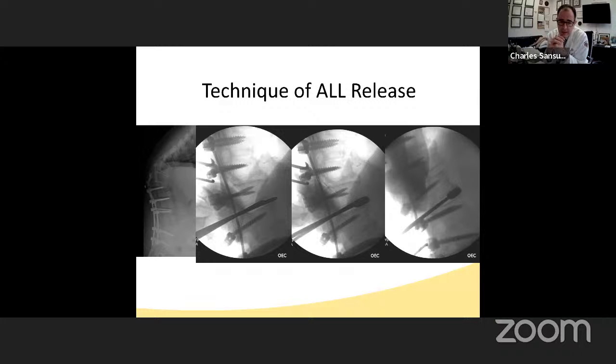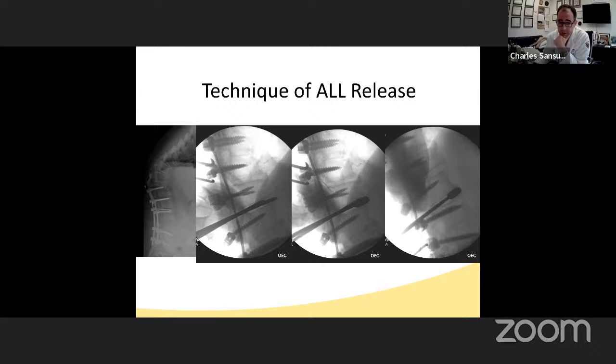For patients who have non-calcified anterior longitudinal ligaments, we resort to essentially a stretching of the ALL and a gradual dilatation of the anterior column. And we sequentially put in bilateral paddle dilators and gradually release and stretch the ALL.